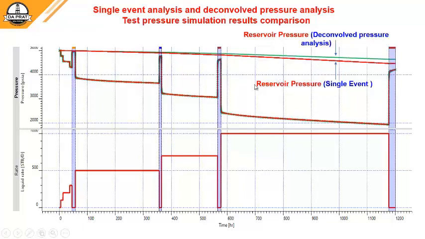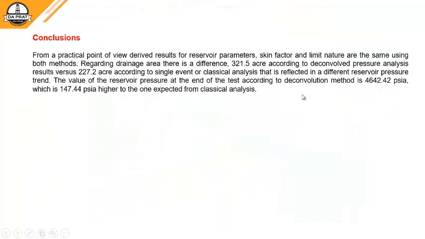So conclusions from a practical point of view: the results for reservoir parameters, as we saw, skin factor, limit nature, are the same using both methods. And regarding drainage area, there is a difference, 3 to 1.5 using the deconvolved pressure, and 2 to 7, which means that the trend of the reservoir pressure is different.